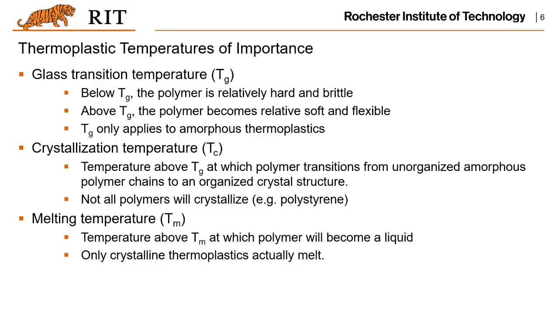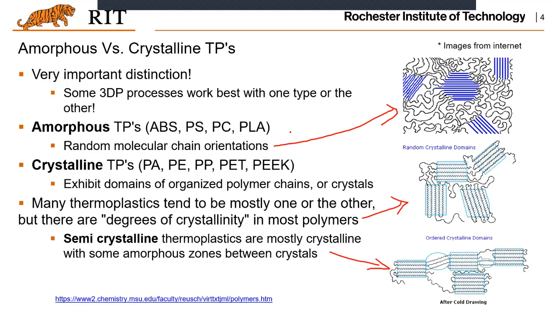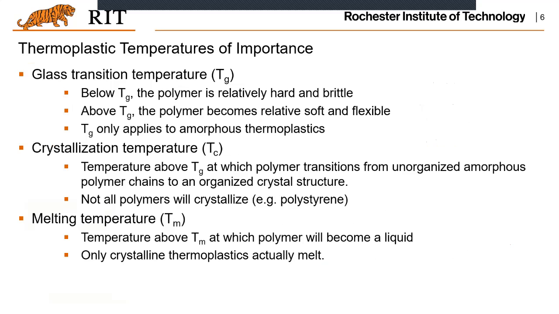Basically, if you look at this, it will transit from this one to something like this, right? But not all the polymers will crystallize. So there are some exceptions, like styrenes, right?